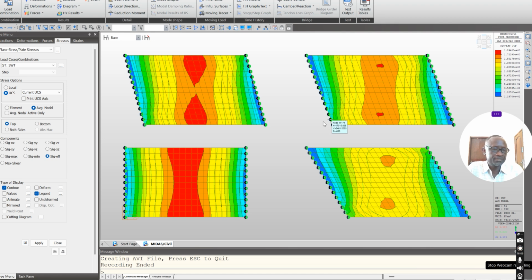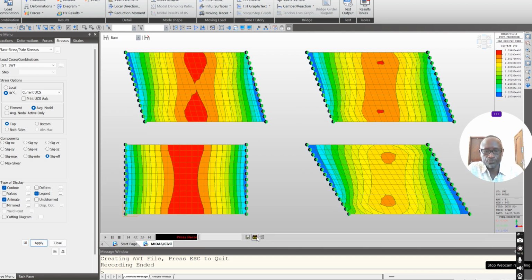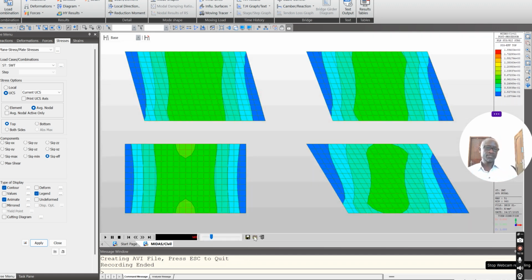Otherwise, I think this is basically what I thought I should add, so that you are able to see and then look at.